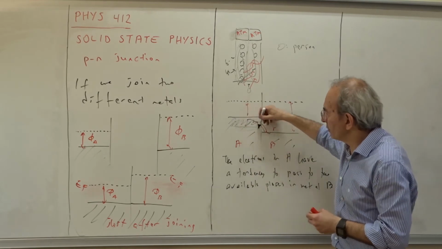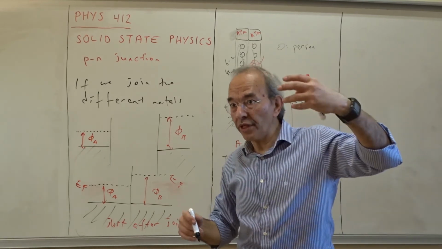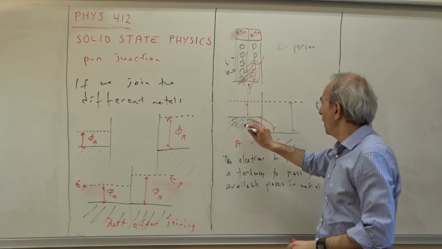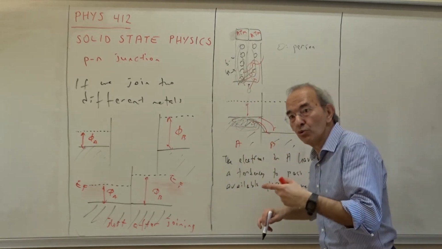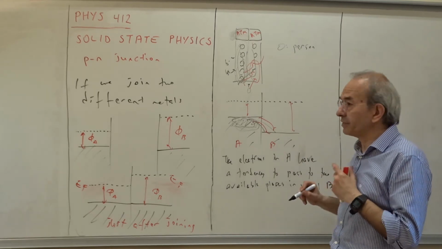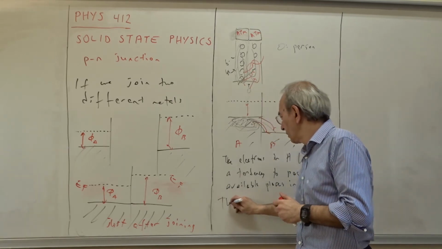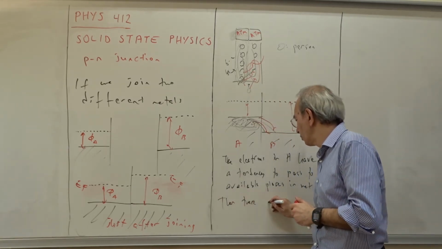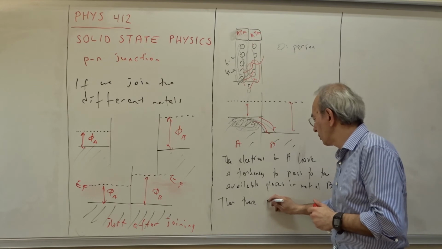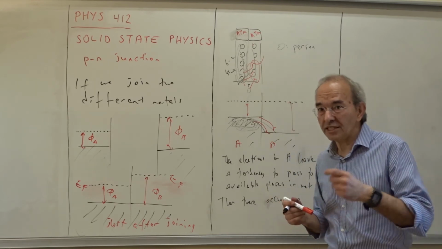So these electrons having energy more than the average value now have a tendency, they try to move to the other part. So what happens then? Then there is a contact potential. Then there occurs a contact potential phi.